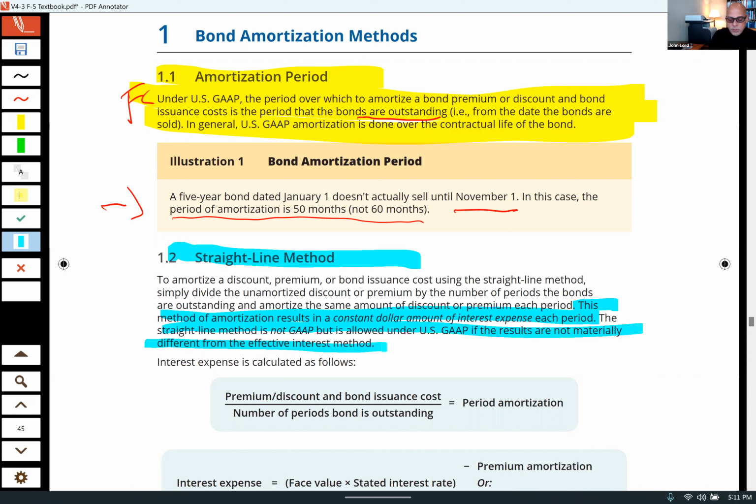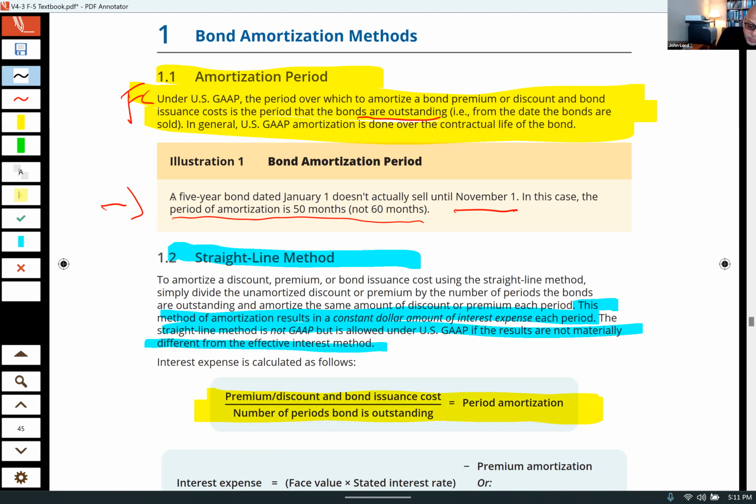You're going to see the little formula here in a second. The calculation is very easy, but they're going to want to see, do you know how that amortization, premium, or discount affects either interest expense or the carrying value of the bond. So when we do our periodic amortization, don't forget, guys, it's the number of periods outstanding.